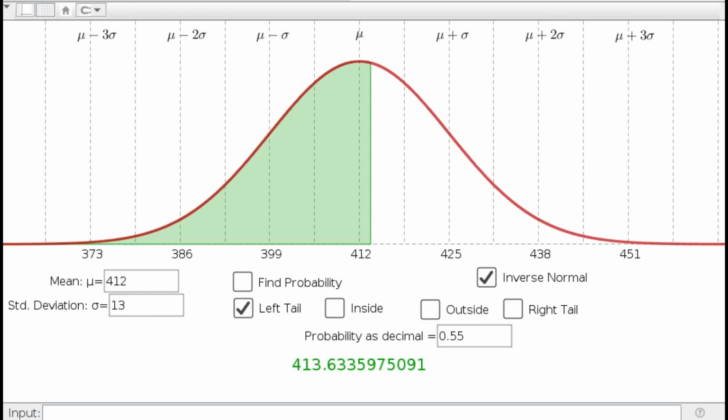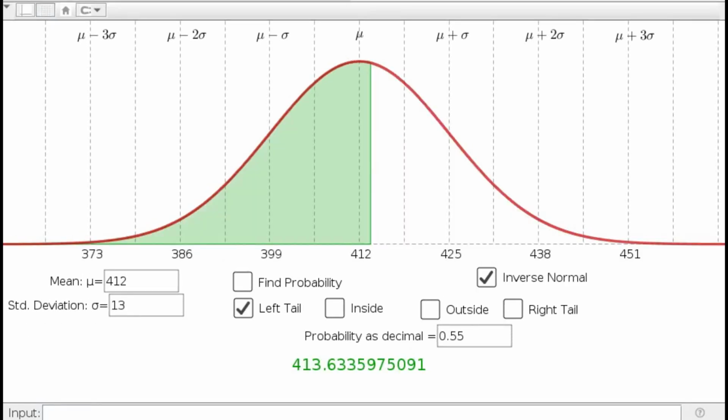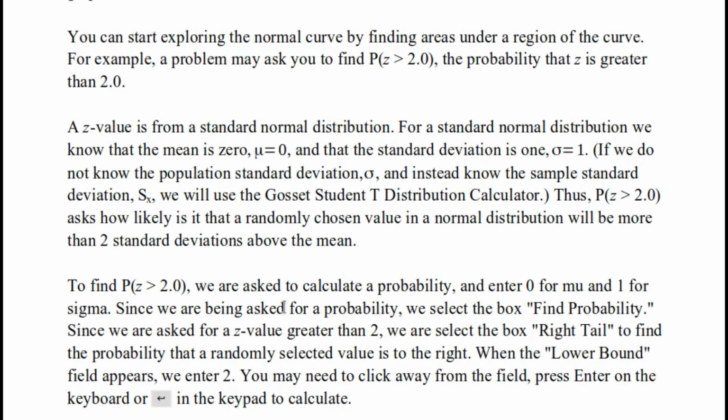So here's our student t calculator, and this is our normal distribution calculator. Because this is standard, the mean is 0 and the standard deviation is 1. We're asked to find a probability, so we select the Find Probability box.